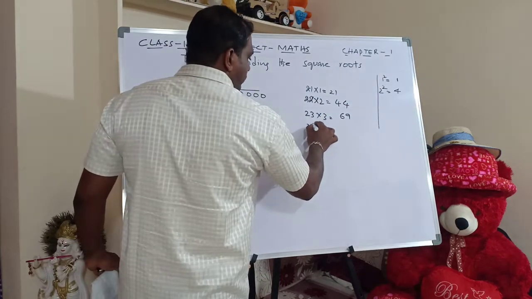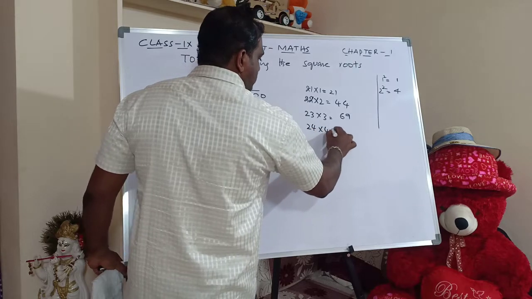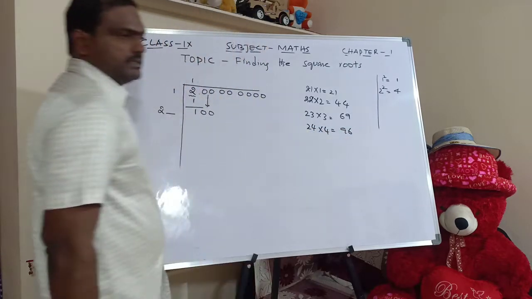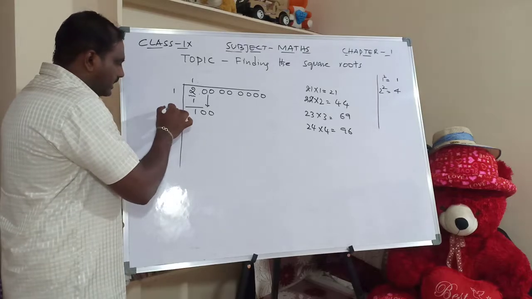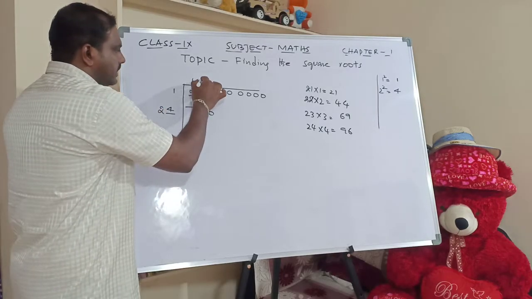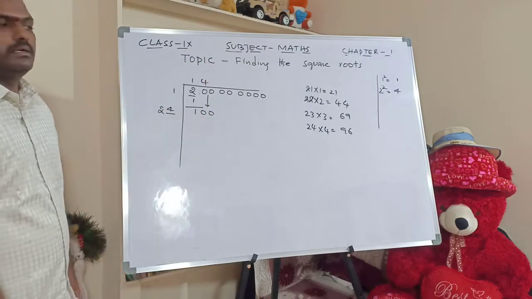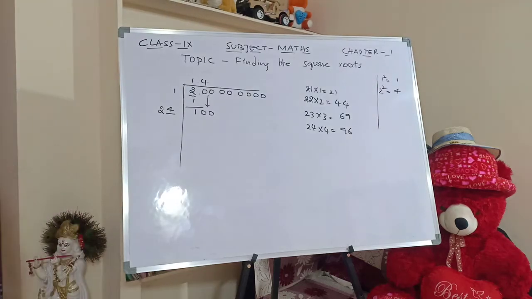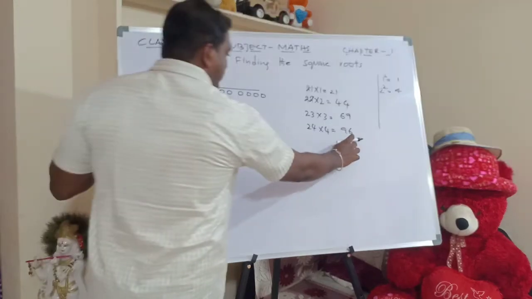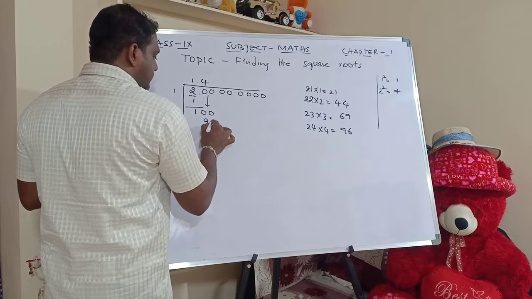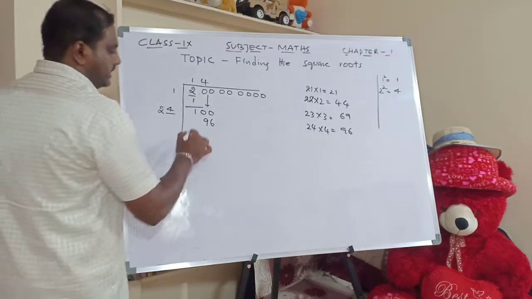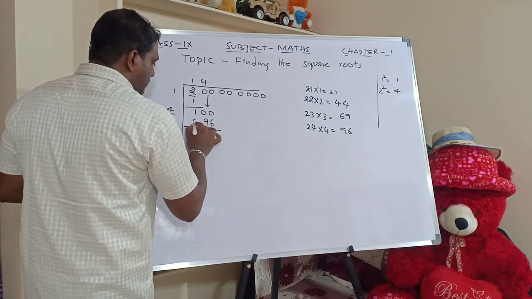Next 24 fours. How much will I get? 96. That means I will write 4 here and I will write 4 here. Okay. So now what is the number I should write? 96 I should write. Then what is the next point? It is 4.